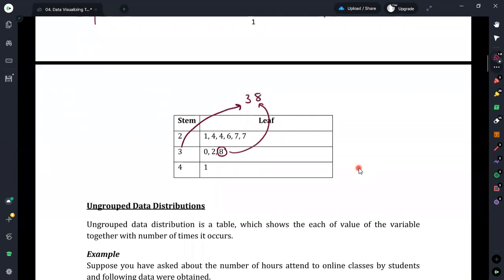We can use the stem and leaf plot to make data presentation easier and to get an idea regarding the distribution of data.